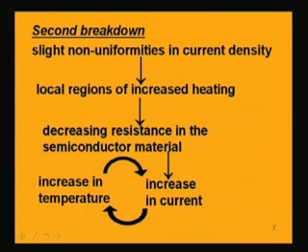This process is like a chain process, and it will continue until finally a condition arises that the current is so high that it may melt the wires connecting the transistor. So, it will be like short circuiting the collector and emitter.